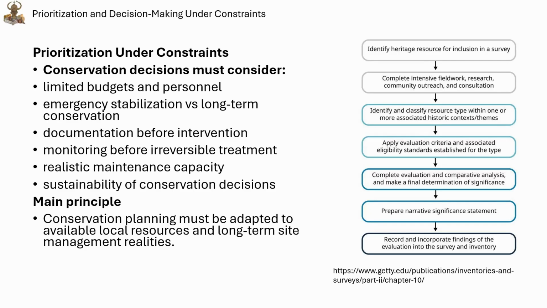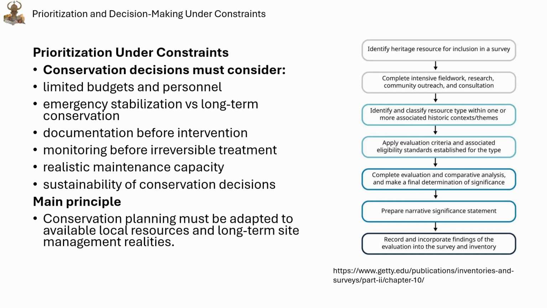Emergency stabilization may be necessary where collapse or irreversible loss is imminent, but not every problem requires immediate treatment. In case of uncertainty, monitoring may be better than irreversible intervention. Documentation must always precede intervention.